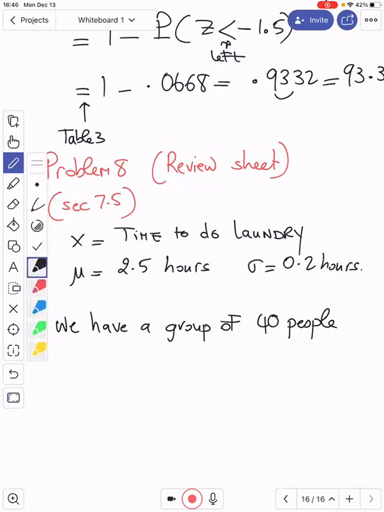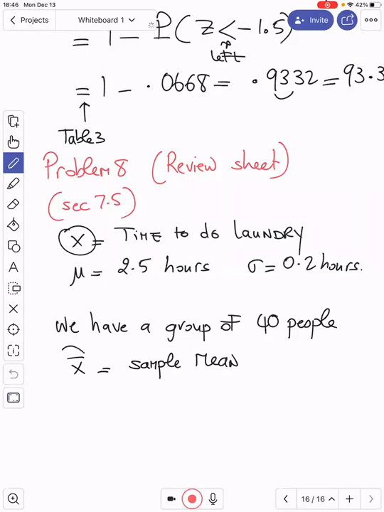Be careful, guys, there is a difference between x and x bar. x is the variable, x bar is the sample mean, or the sample mean time in this case. So that's different from x. It's not the same thing. x is just the time to do the laundry, and x bar is the sample mean time.